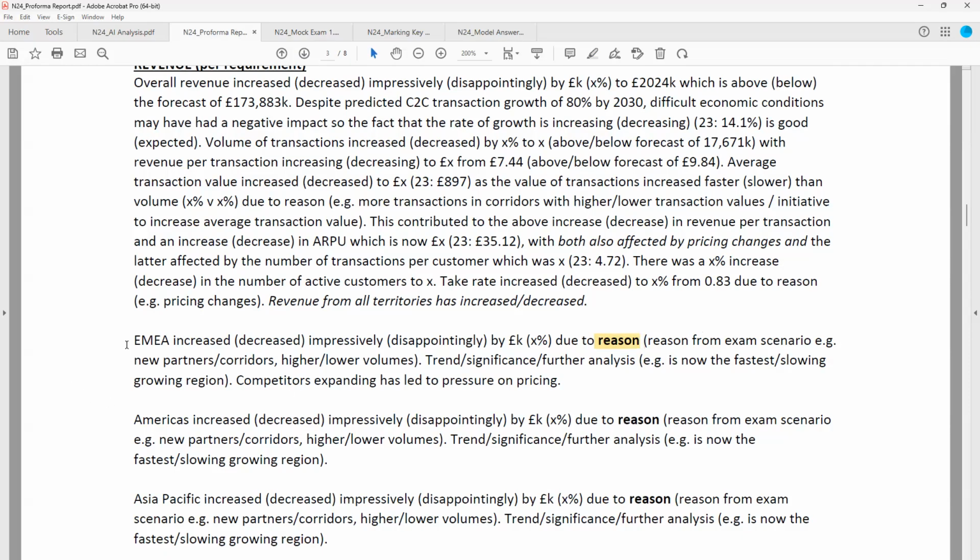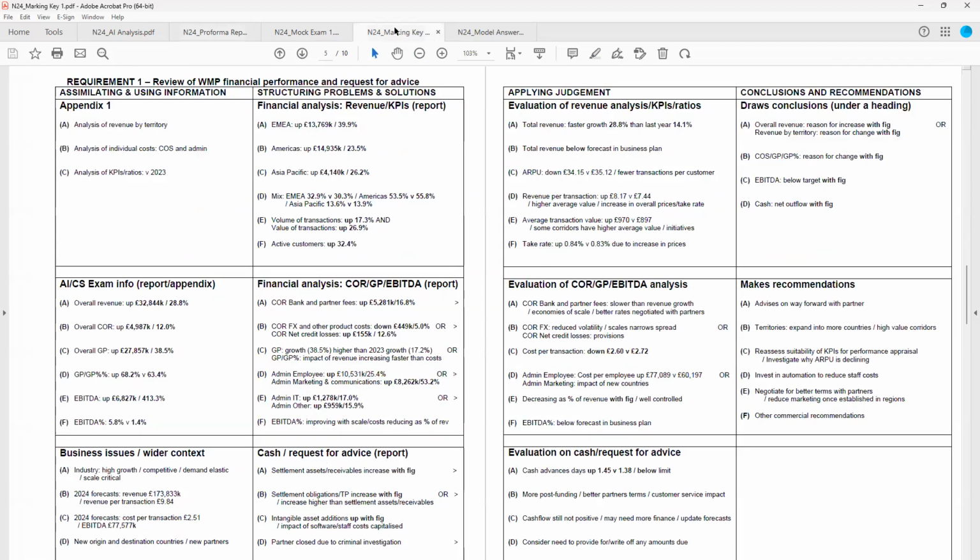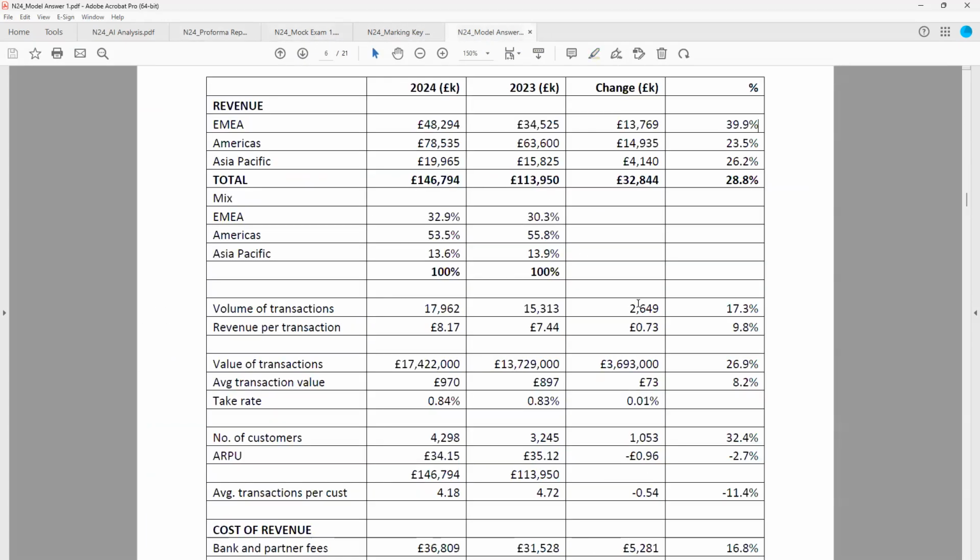Just a quick note to think, well, that's where I'm going to use that point, or that's my reason for there. Obviously, with Americas, the reason is the new partners. I don't think we were told anything about Asia Pacific, so maybe we won't have a specific reason there. But yes, these numbers make sense with what we have been told.